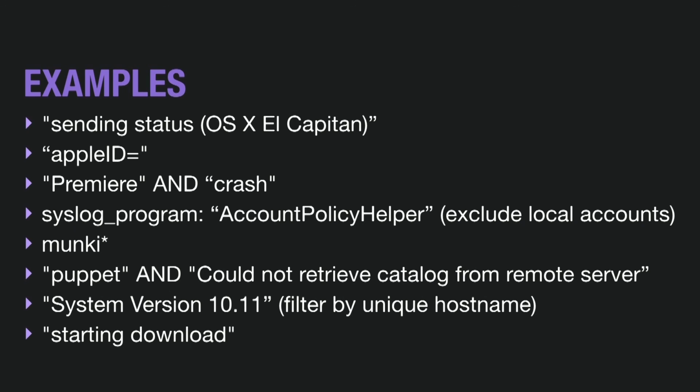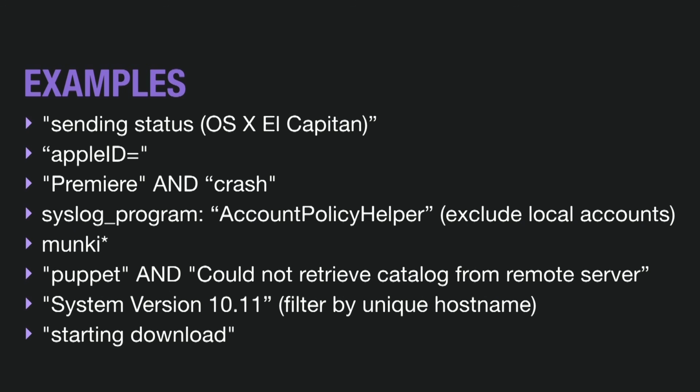Apple ID, again, that'll pull back anybody that's logged into a machine with an Apple ID. I've got a lot of studio art machines, and when we switched from Final Cut to Premiere, I was doing a lot of Premiere and crash searches because you get those frantic calls. It's not working on anything. You pull it up and you realize it actually is. It's this one machine, because I can visualize this and see it's not every machine.